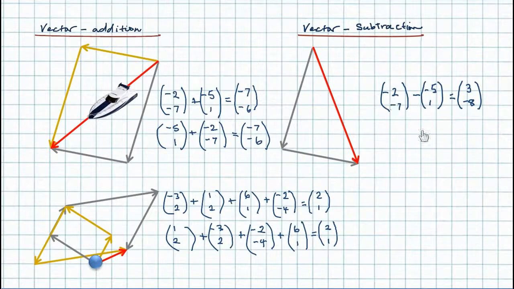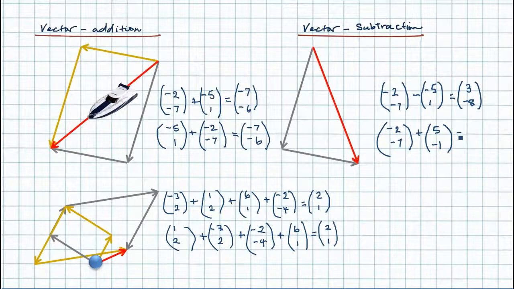But there's another way of thinking about it, and that would be that if we multiplied this out, so if we had -1 times the -5 and the 1, we could simply write it out as an addition. So we've got -2, -7 plus, so we've multiplied the -1 by minus 5 giving us a positive 5, and the negative 1 times the 1 giving us a negative 1.